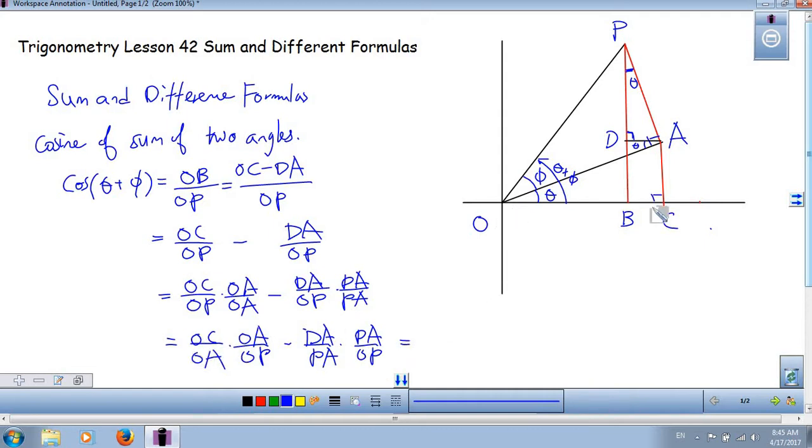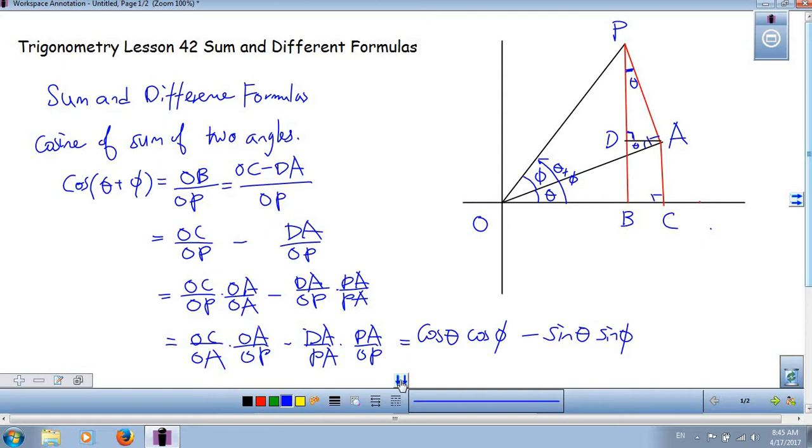Now each triangle will be related to theta and phi. So OC over OA, that's very simple, that's cosine theta. OA over OP, that's cosine phi. Subtract. DA over PA, DA is the opposite over hypotenuse, sine of theta. PA over OP, PA is the opposite of phi over OP, this is the sine of phi. So that is the formula for cosine of theta plus phi.